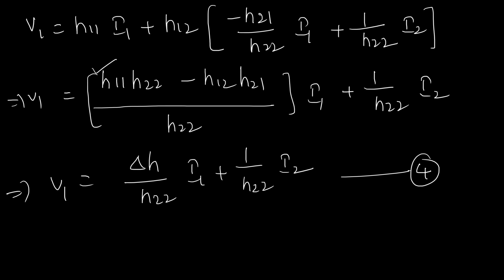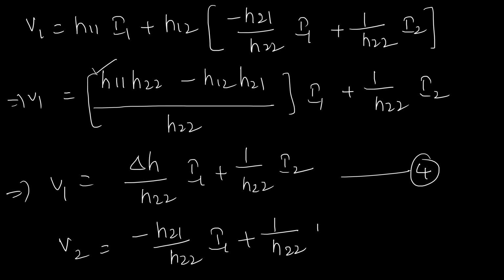Now you compare equation 3 and equation 4. For our convenience, I am writing equation 3 here also. V2 equal to minus H21 by H22 into I1 plus 1 by H22 into I2.